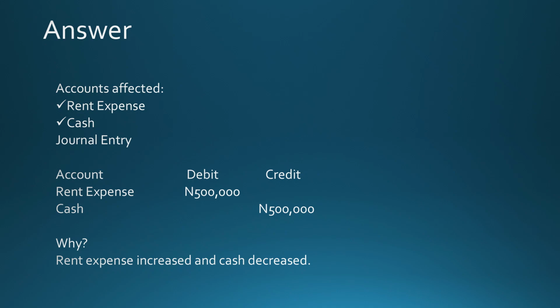Rent expense increased. Remember, expenses increase on the debit side, so you record it on the debit side, while cash decreased. Cash increase is recorded on the debit side, so if it is reducing, it will be on the credit side. This is how you record journal entries.